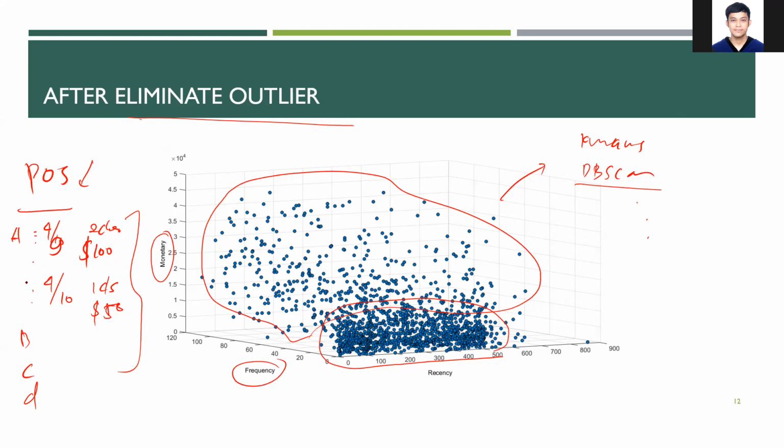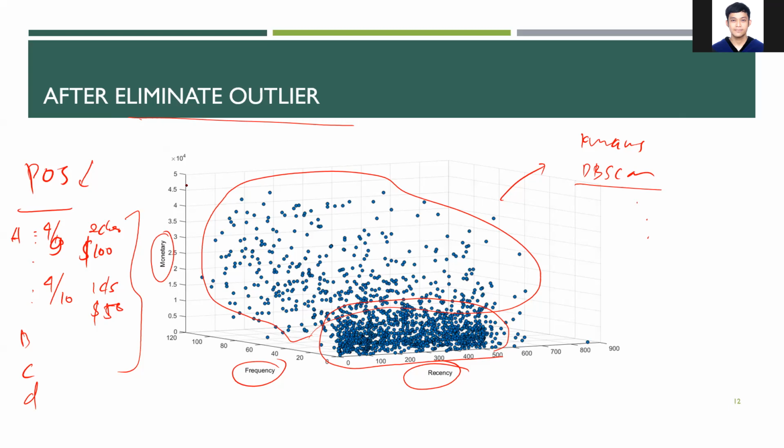Of course, a more loyal customer will come back to the same store more, right? And recency is when is the last time she came to the store. If she came just recently, for example last week, it means this customer still remembers us.